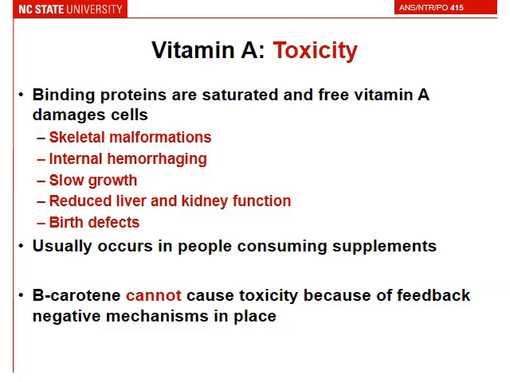So if you just love liver and eat it morning, noon, and night, then you're maybe at risk of being toxic for vitamin A. As I mentioned, beta carotene cannot cause toxicity, and that's because of the negative feedback mechanism in place. So if you're ever concerned about how much vitamin A you're consuming, just eat more carrots, less chicken livers, and you'll be fine. You just may be a little orange.